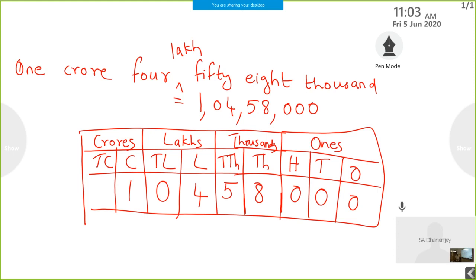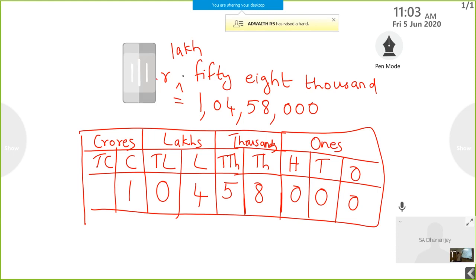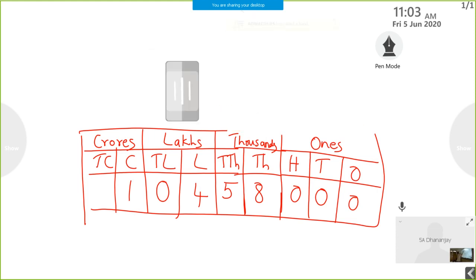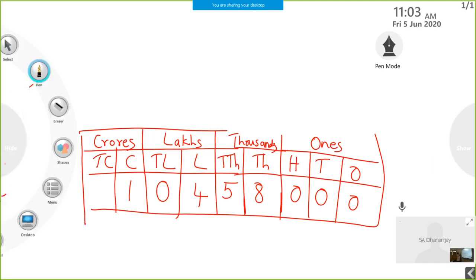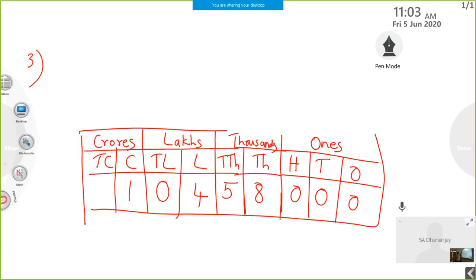Okay. Now one more question we will do, and after that we will move to the next topic. Third question of question number C is 6 crore and 6 lakh.